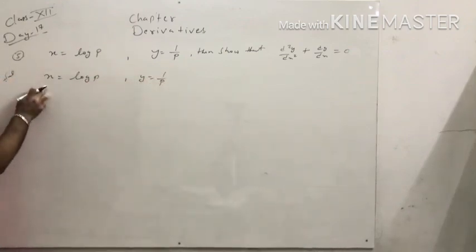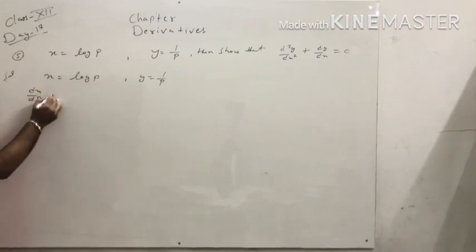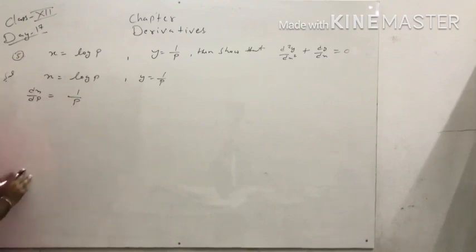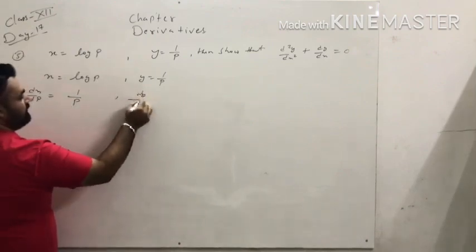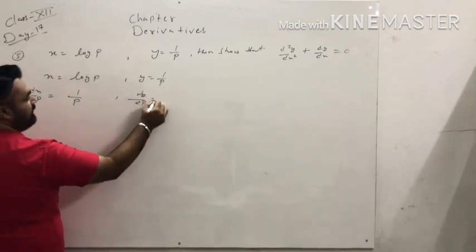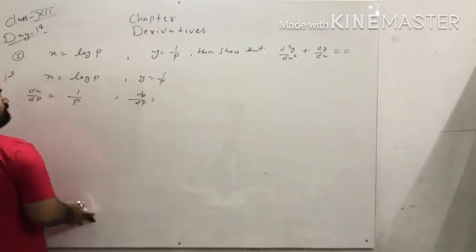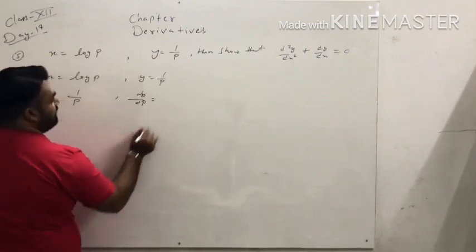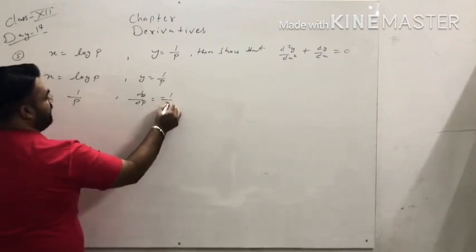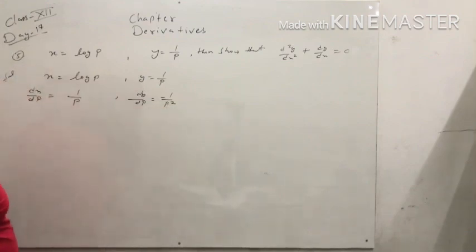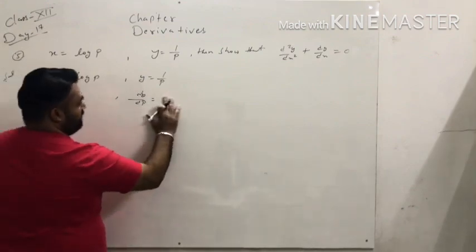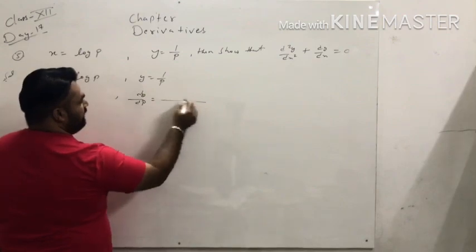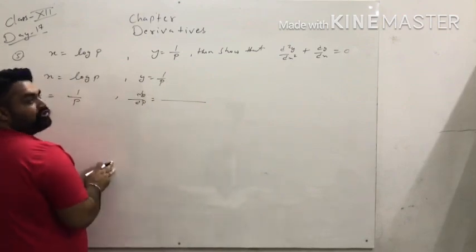First of all, we differentiate x with respect to p. So 1 upon p. Now we differentiate y with respect to p. The derivative of 1 upon p is minus 1 by p square. In another way we can find the derivative, we can use quotient rule.